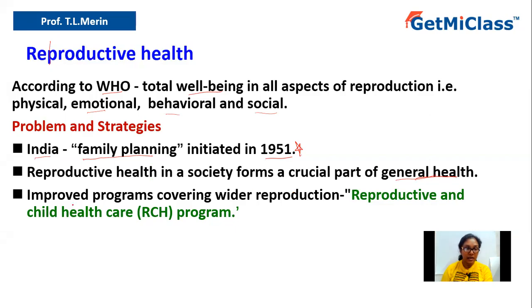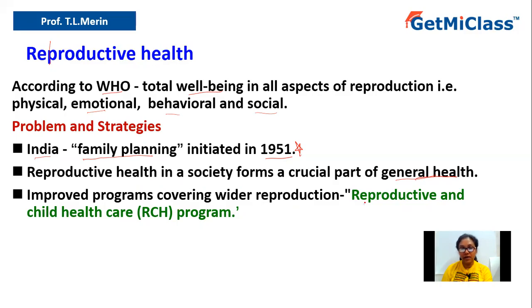Now, improved programs covering wider reproduction. Here the reproductive and child care, that is the RCH program, has been initiated. So apart from family planning, there are so many other plans that have been adopted, which will help in improving the reproductive health.